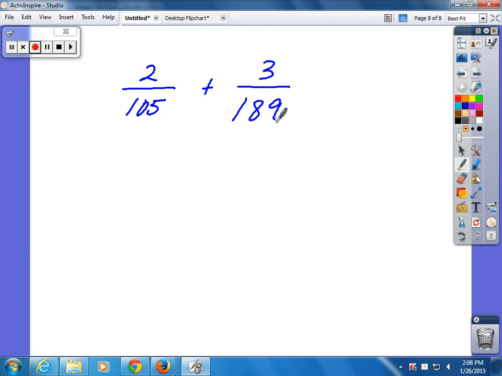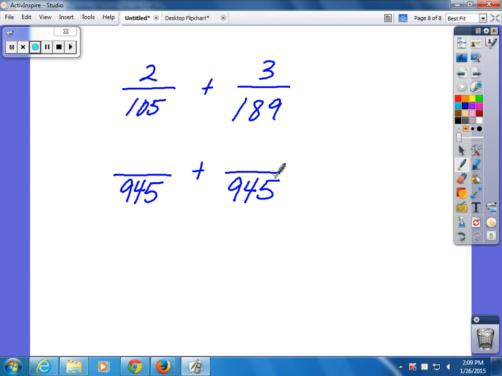And they're not pretty fractions either, are they? So the common denominator that you just got was what? It was 945. That's the least common number. Yeah, that's the guy I want. I want the big number.